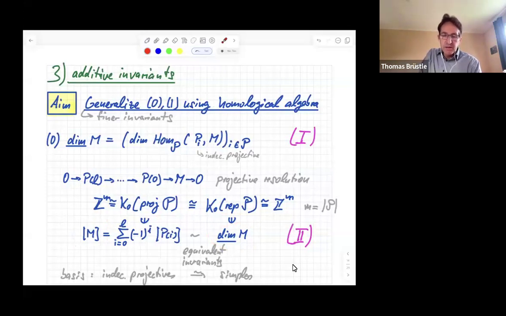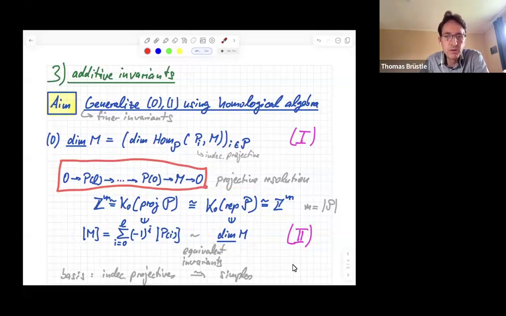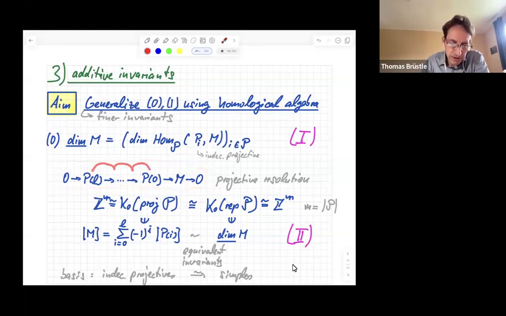So this also could be generalized using relative homological algebra. So instead of projective resolutions, you can give yourself a larger set of modules by which you want to compute resolutions. So we give ourselves a larger set, and instead of projective resolution, we compute approximations given by a larger set of modules. And then we iterate these approximations and we compute the same thing, the alternating sum of everything that appears here along the way.